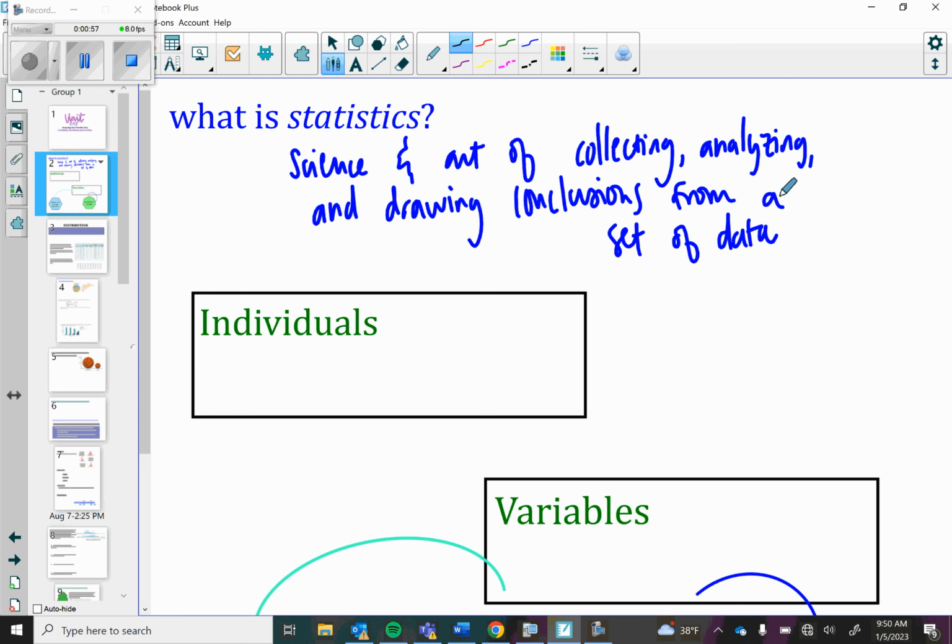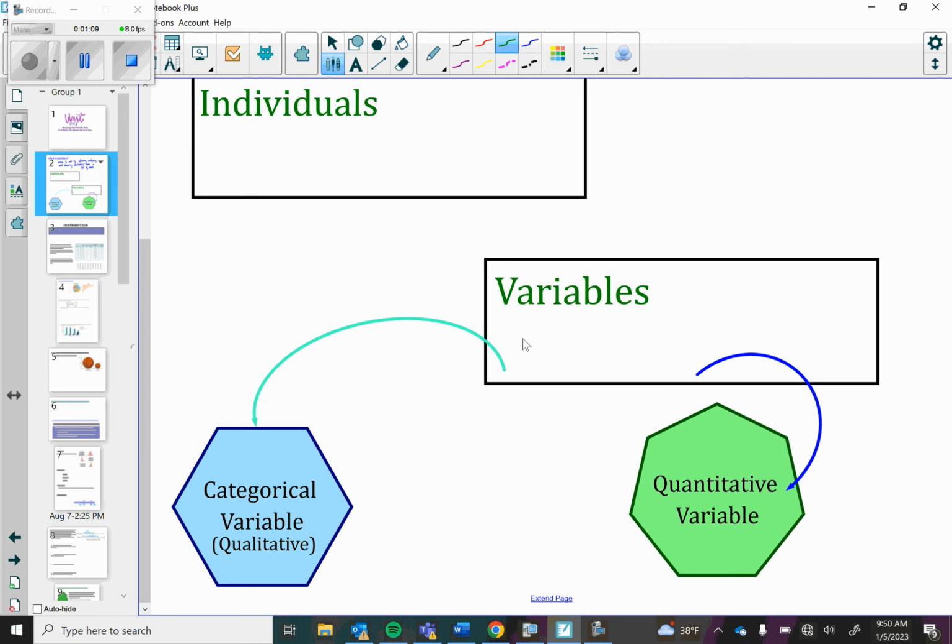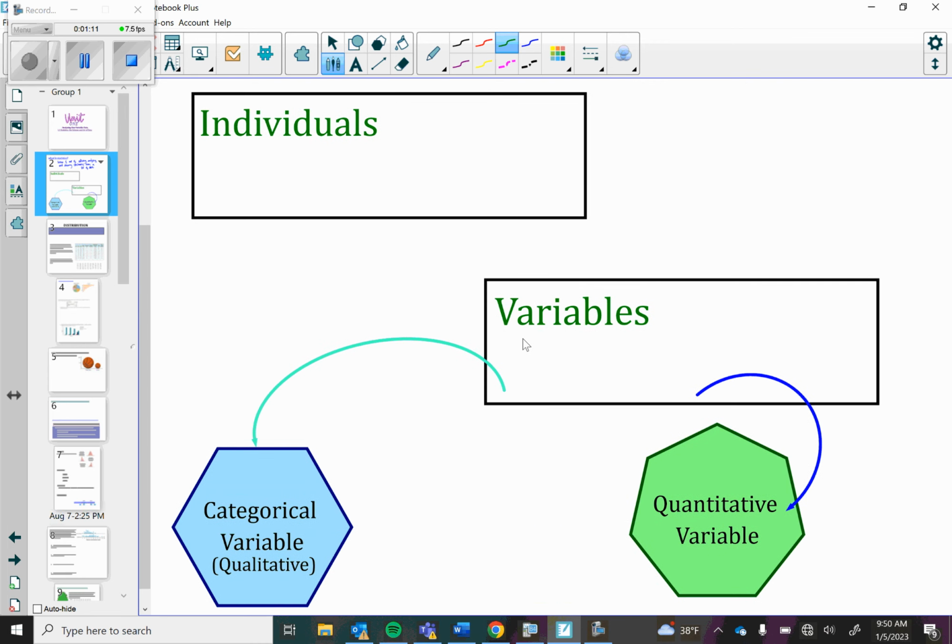And in order to talk about this, to collect data, to analyze, to draw conclusions from it, we need some language to speak about our data. So we're going to start with the first two important definitions, which are individuals and variables. Individuals are the things that we are gathering data from. An individual can be a person, an animal, a thing from which we gather data.